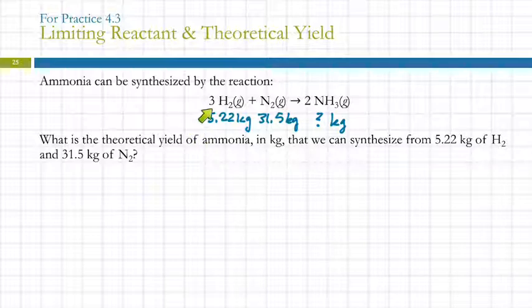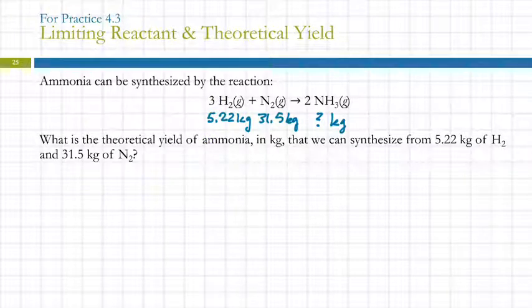So here we have two reactants, and we're given amounts for both reactants. Just like with the pizza where we have the different crusts and sauce and stuff, we have to look at each of these separately and see, well, how much ammonia could I make from 5.22 kilograms of hydrogen?